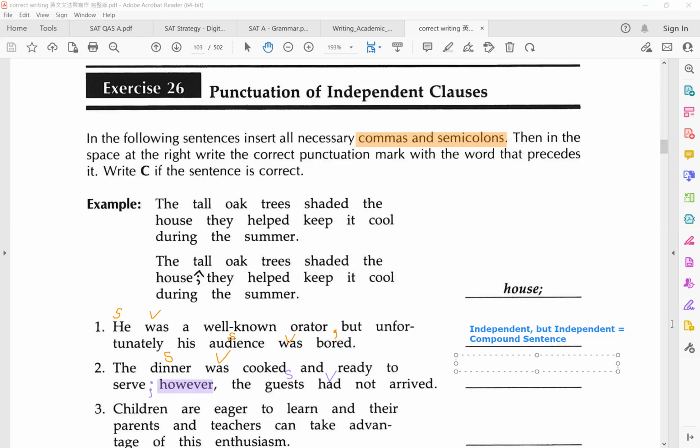So the sentence is independent, semicolon, conjunctive, I'm going to write CA for conjunctive adverb, comma, independent. And that is, again, a compound sentence. So remember, whenever you join 2 or more independent clauses, we call them compound sentences.